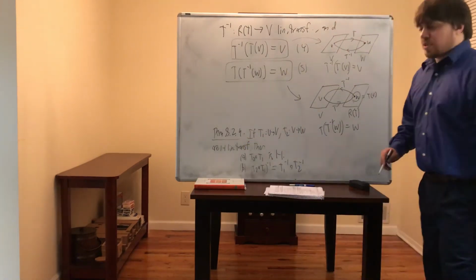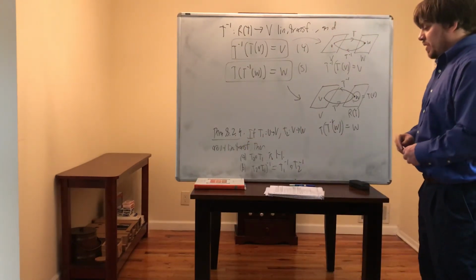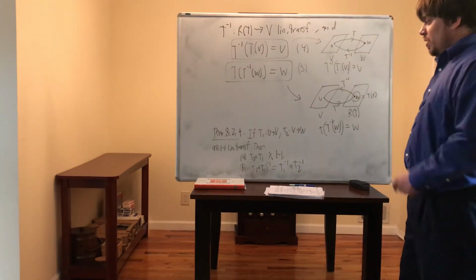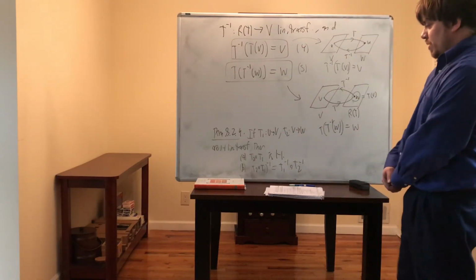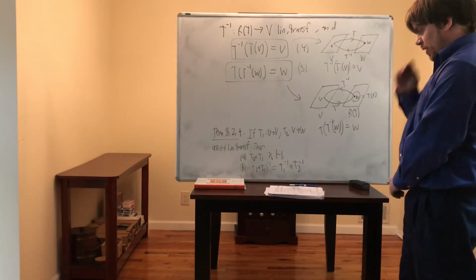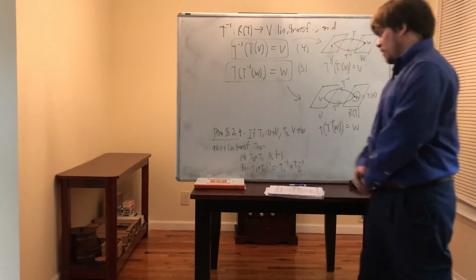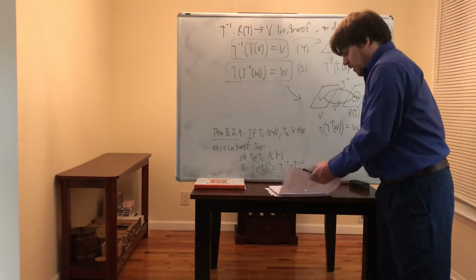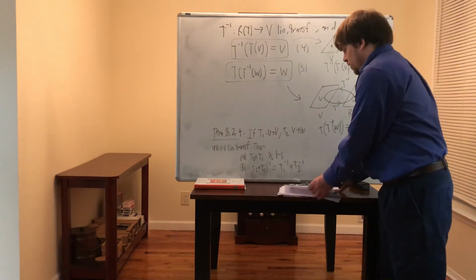So theorem 8.2.4 says that if T1 is from U to V and T2 is from V to W are 1 to 1 linear transformations, then T2 composed with T1 is 1 to 1, and T2 composed with T1 inverse is equal to T1 inverse composed with T2 inverse. Okay, good.